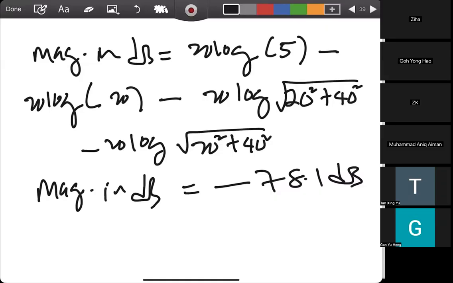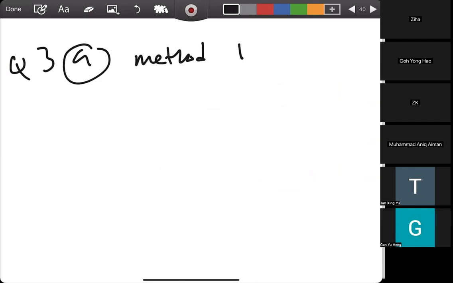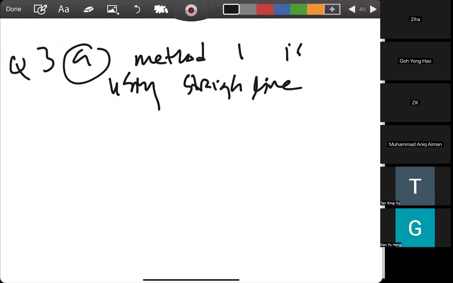Okay, question 3A, describe two methods that can be used in plotting bode plot. Sorry, I missed this one. Method 1 is using straight line approximation.